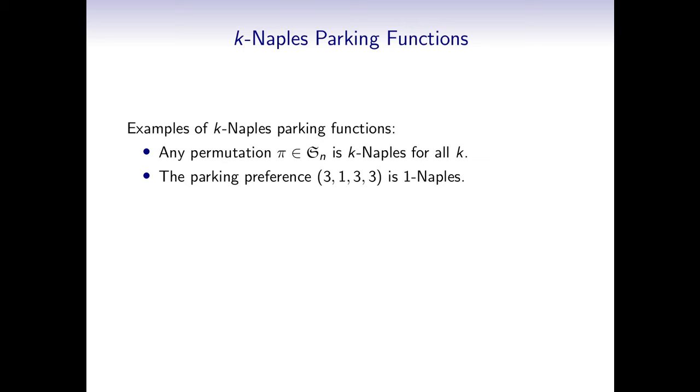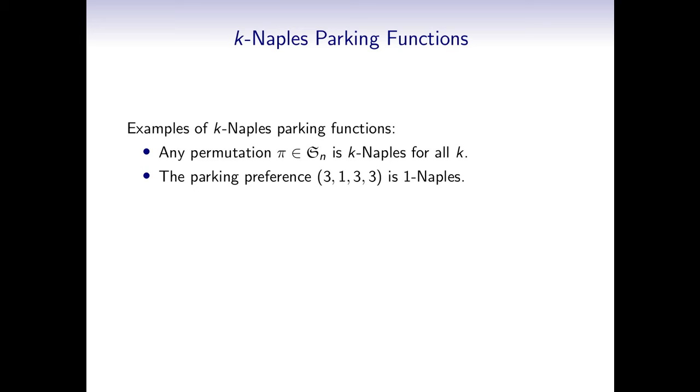This is 1 Naples, so it can parallel park up to 1 time. So it tries to parallel park, and it succeeds, parking in the second spot. And then the fourth car comes in. It also wants to park in the third spot. That's taken. It tries to parallel park once because this is 1 Naples, and it fails because that spot is also taken, and so it continues forward and parks in the fourth and final spot.